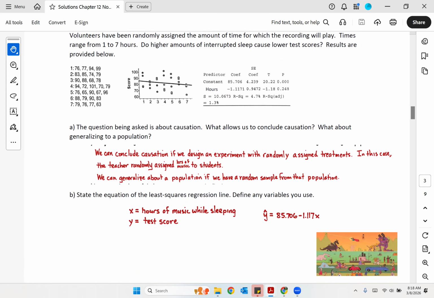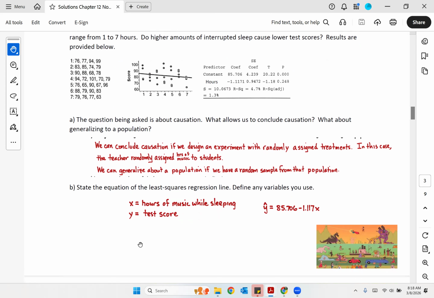All right, let's move this up here. Part B. State the equation of the least squares regression line. We see a scatter plot of the original data points. We see the regression line drawn in. We can pull the actual equation from the computer output. We've seen this before. You've got two rows in the output, one of which is labeled as constant.